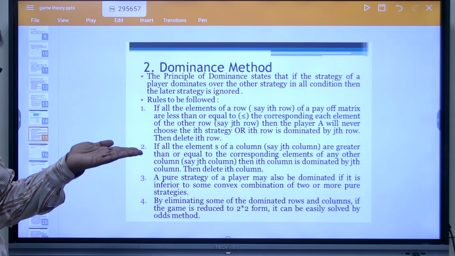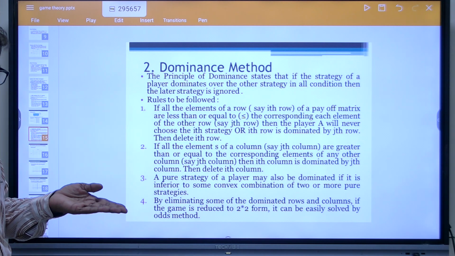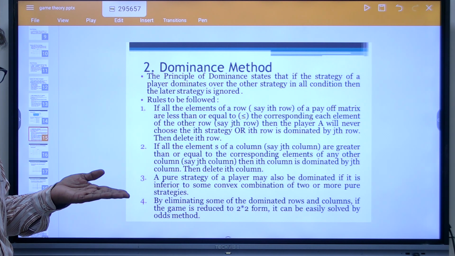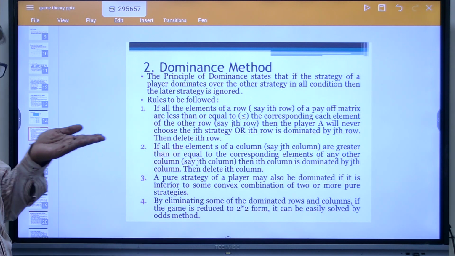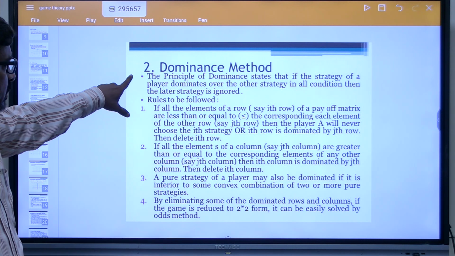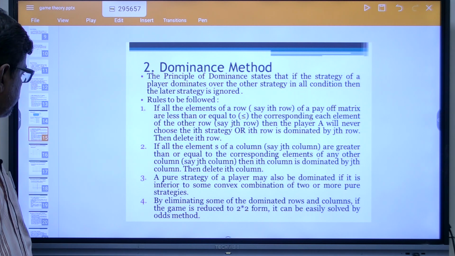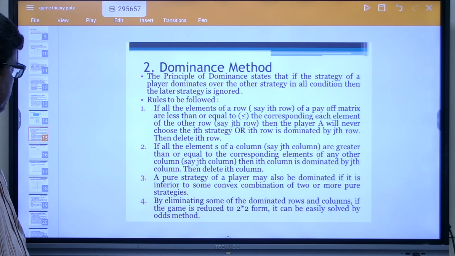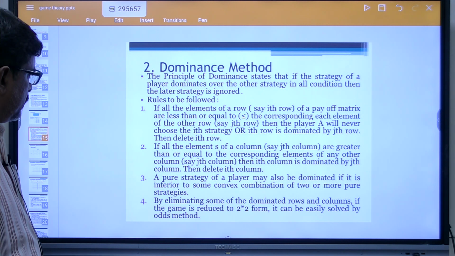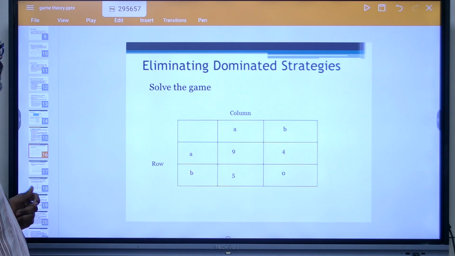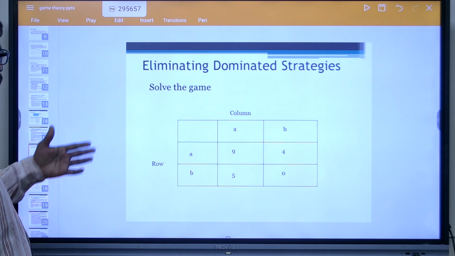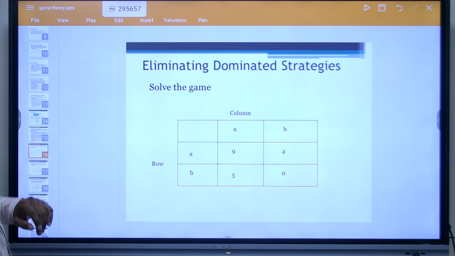If one row is completely dominating the other one, we can easily delete that particular row, as stated in the dominance principle. We will study later on how we have to eliminate the various rows and columns accordingly.